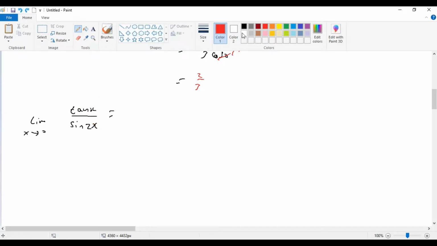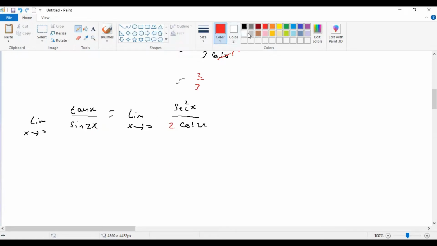So the limit will be equal to the limit as x approaches 0 of the derivative of tan, which is secant squared x, and the derivative of the angle x is 1, over the derivative of sine 2x, which is cosine 2x multiplied by the derivative of the angle, 2.